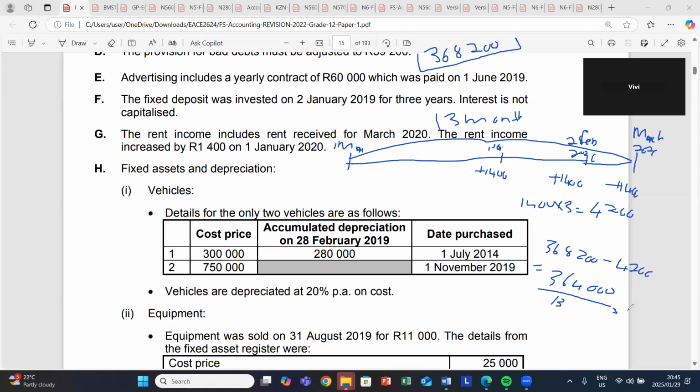Then when I divide, I get 28,000. And then we get 28,000 rand.